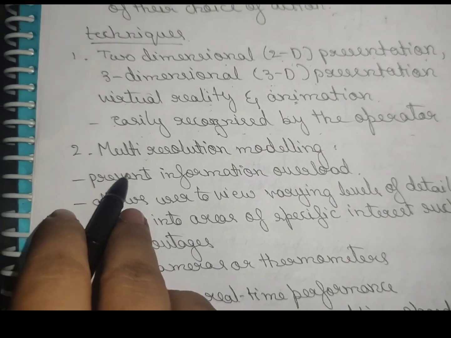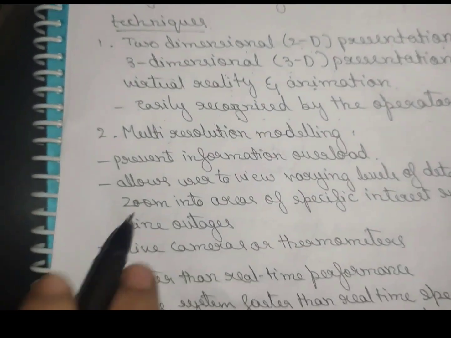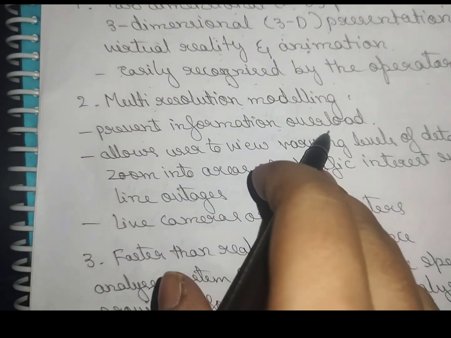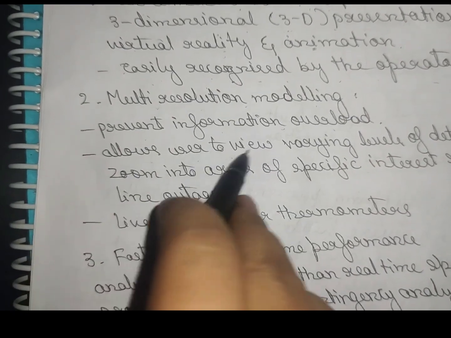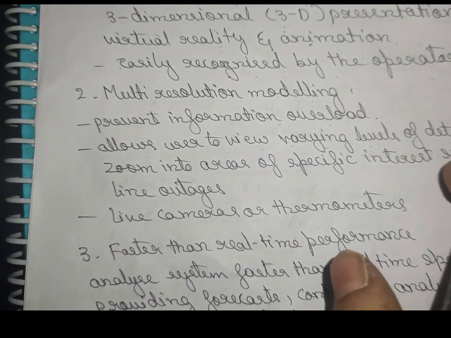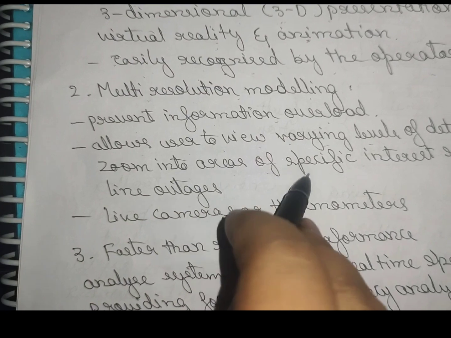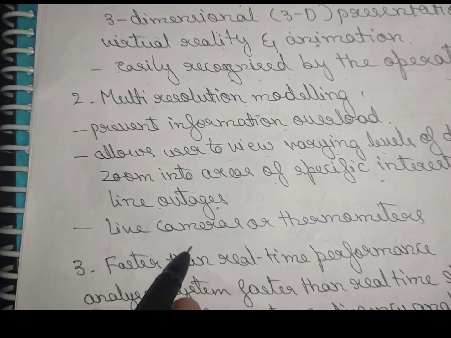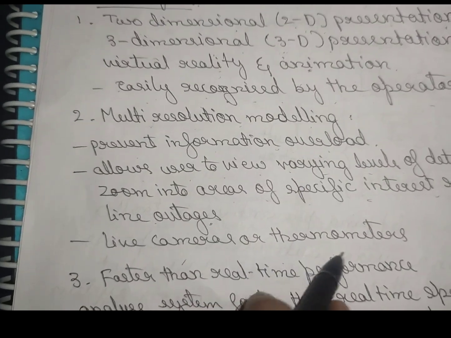This is the first technique, and the second technique is multi-resolution modeling, which prevents information overload and allows the user to view varying levels of detail and zoom into areas of specific interest, such as line outages, line cameras or thermometers.